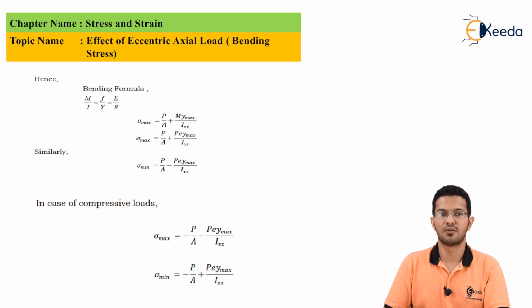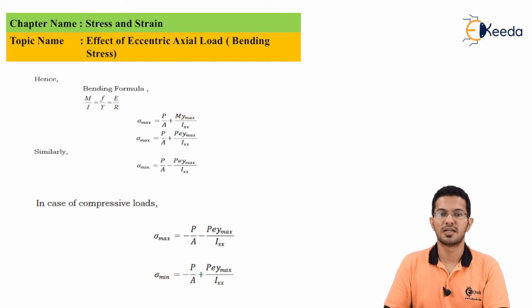Hence, from the bending formula, M upon I is equal to F upon Y, which is equal to E upon R. Sigma max is equal to P upon A plus M into Y max, the whole upon Ix, which is equal to P upon A plus P into E into Y max, the whole upon Ix.